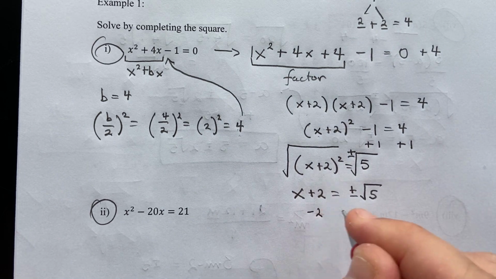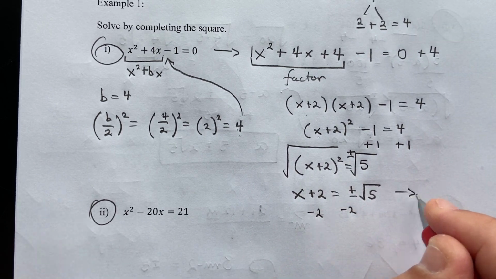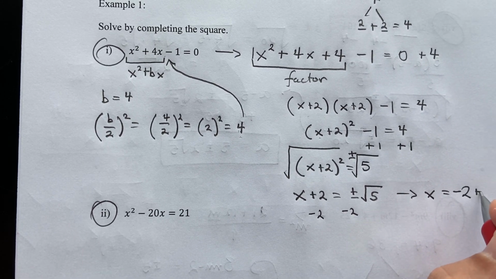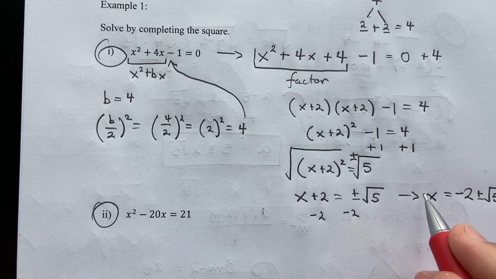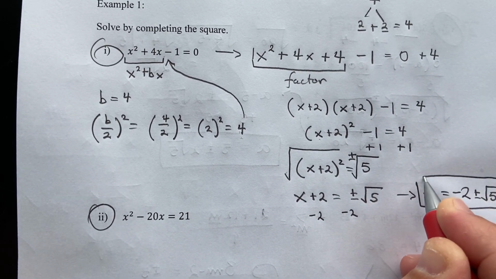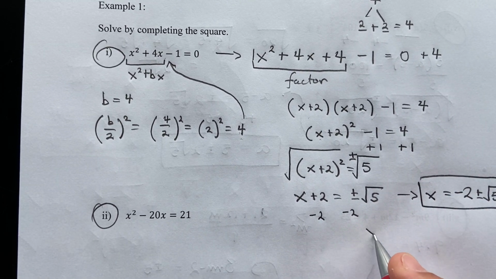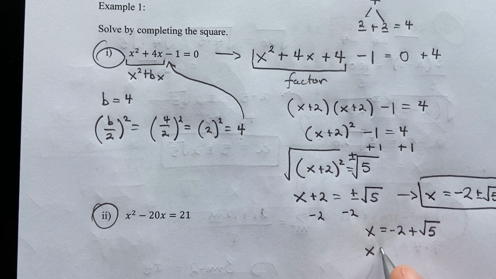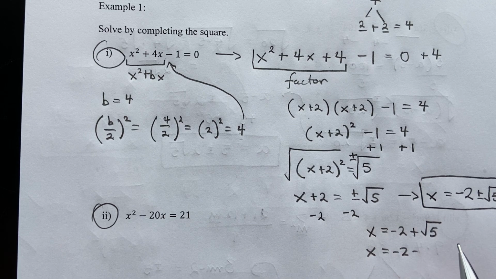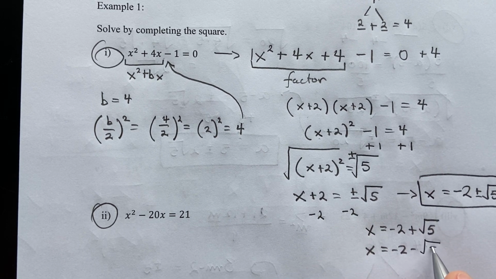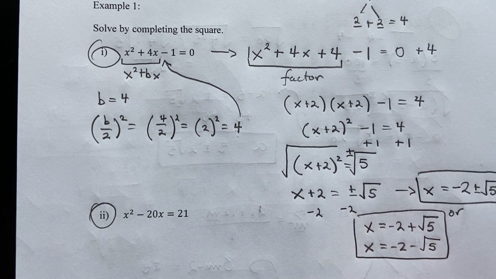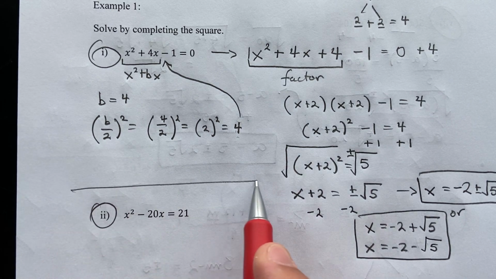And finally subtract 2. So I have x equals negative 2 plus and minus root 5. So two solutions there. One of our solutions is x equals negative 2 plus root 5, and the other one is x equals negative 2 minus root 5. So you could write it either way. This just captures both in one, and this just splits them up.